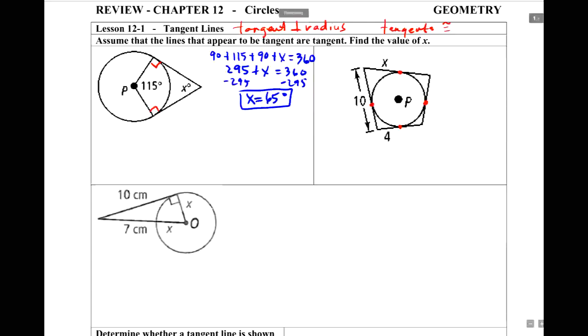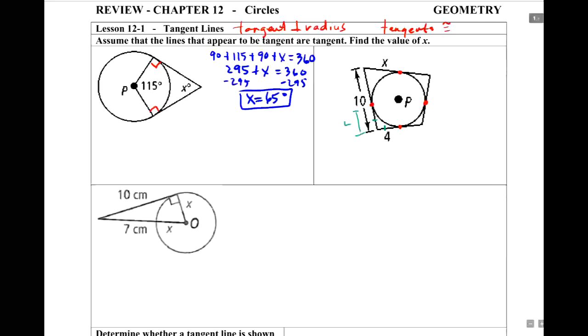So let's look at this one. That means that this and this are congruent. So I know from here to here measures 4, and this is going to be congruent. And so from here to here equals x. So x plus 4 equals 10. So x equals 6. Two really easy ones to start off with there.